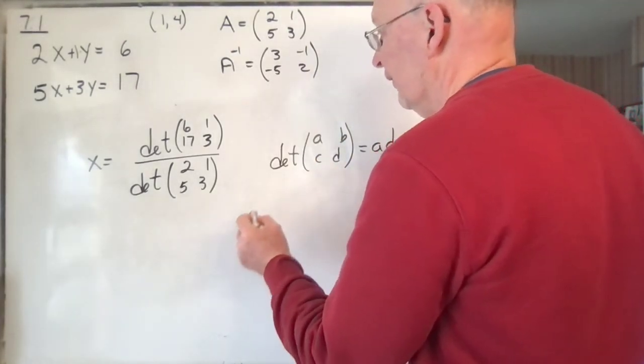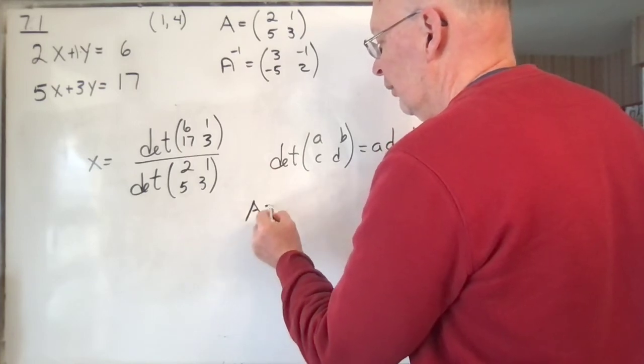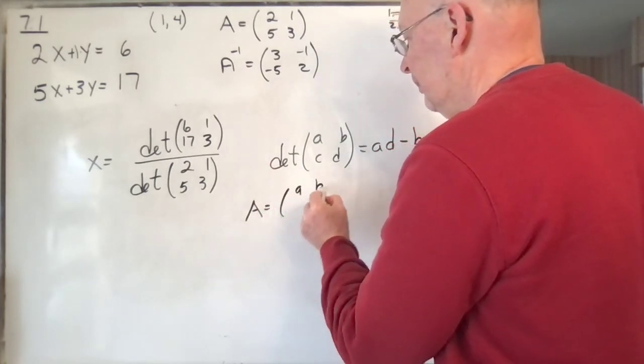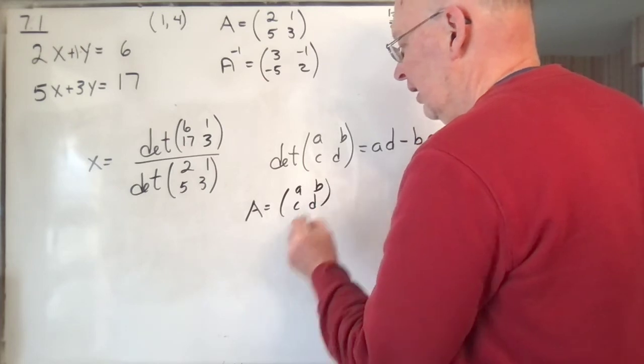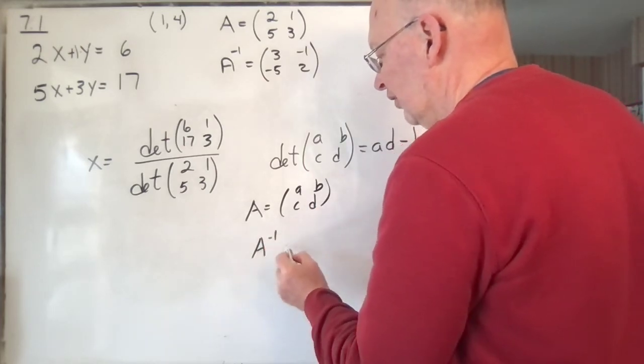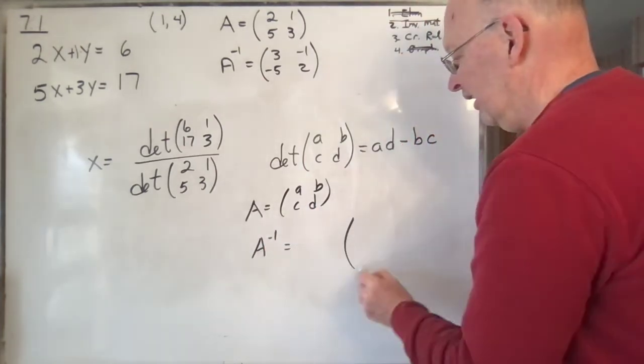If A is equal to A, B, C, D, then A inverse is equal to, what did I say to do?